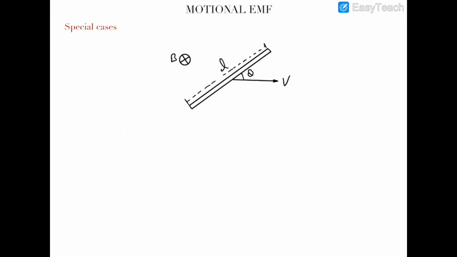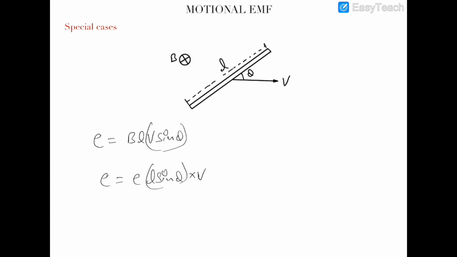Now in this second special case, if this rod is not aligned perpendicularly to the velocity, we can do one thing: either we can write EMF as BLV sin theta, or we can write EMF as BL into V sin theta.